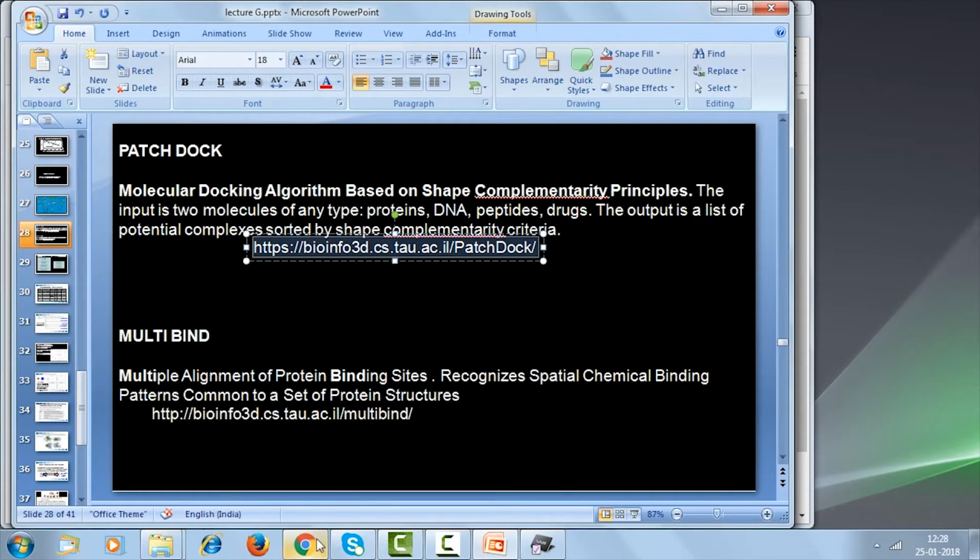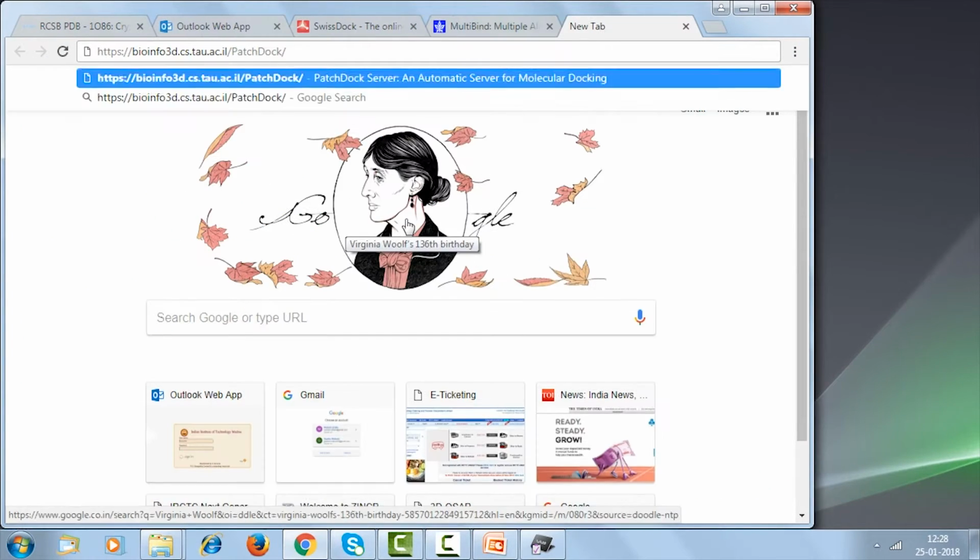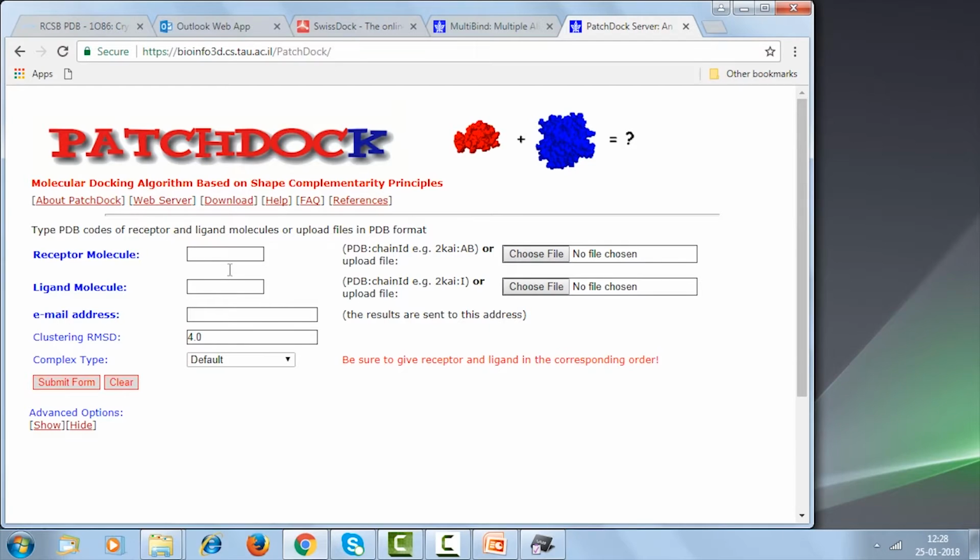So this software is also very, very useful. It doesn't do docking in the usual sense. It gives you a receptor protein molecule, it gives you a ligand molecule, you give the email address, and then it does the job. So we can choose a file here, and again choose a file here for your ligand, and then we give the email address.